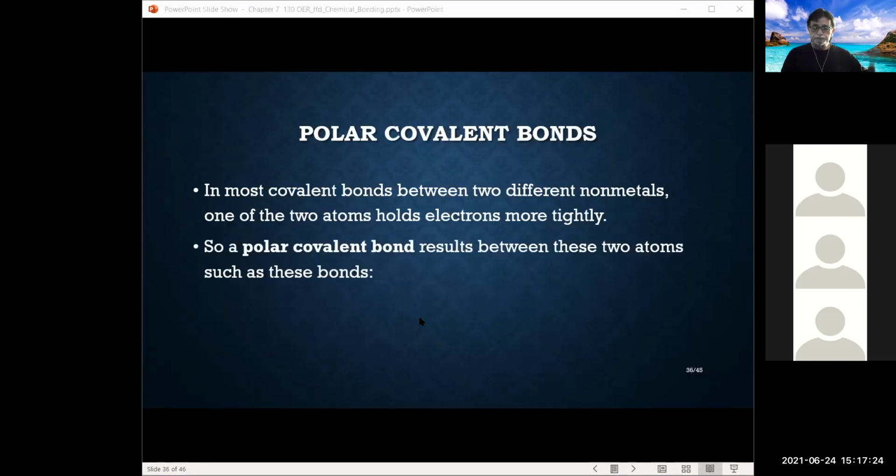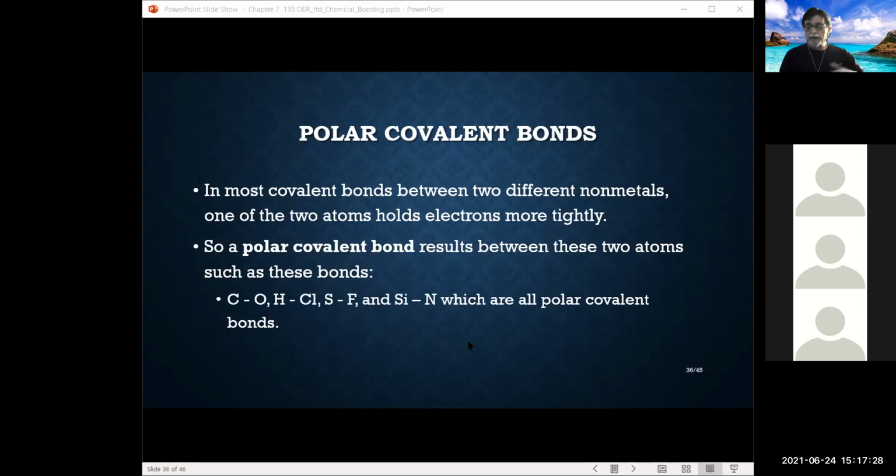Okay, so now we talked about polar bonds. Anything else, any two atoms that are different except for carbon hydrogen, you essentially have a polar bond. Okay, just remember that. Let me restate that.